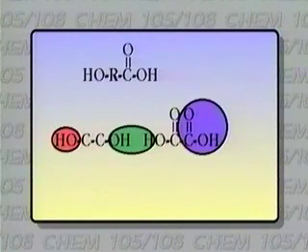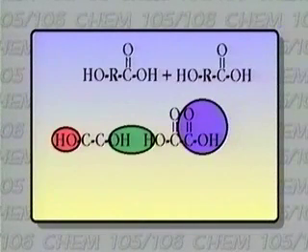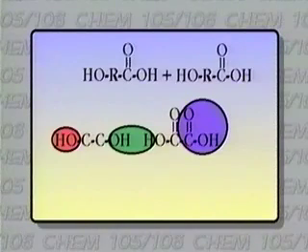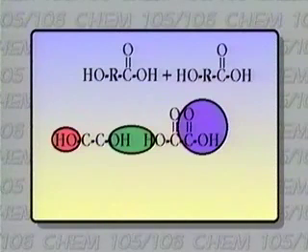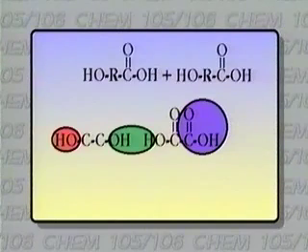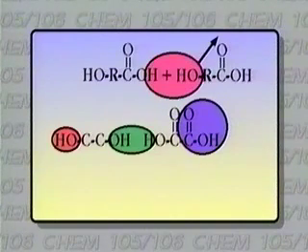So if we brought along another one of these, HO-R-C double bond O-OH, we form two of them, and now we again loop off another molecule of water, and we're going to form another ester bond.